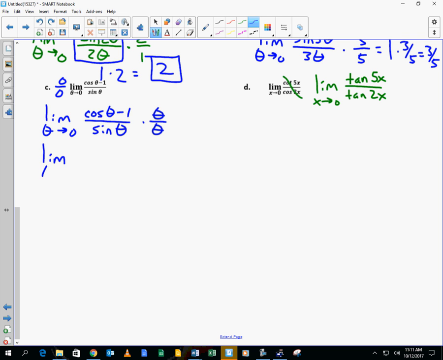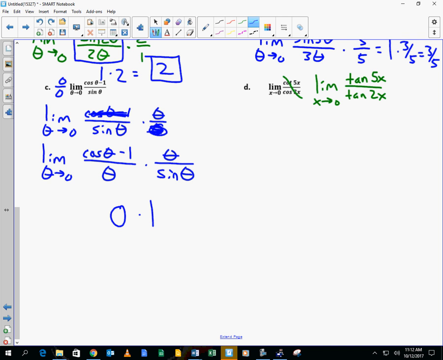So now I've got cosine of theta minus 1 over theta. So I used up this theta. That's gone. I used up the cosine times what's left. Theta over sine of theta. Well, hey, I know what this limit is. What's this limit? 0. I know what this limit is.